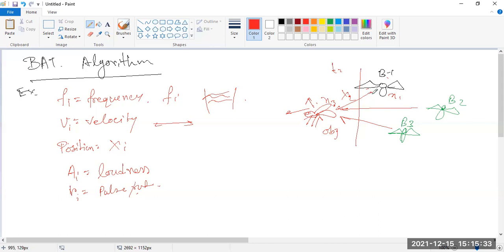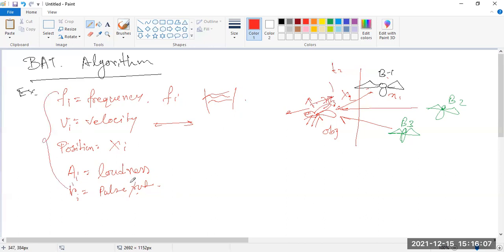Actually they create ultrasonic sound, which is not audible to us. But this creature may have the ability to detect when enemies are coming. So it has to update its loudness and pulse rate also. So this is your factor.